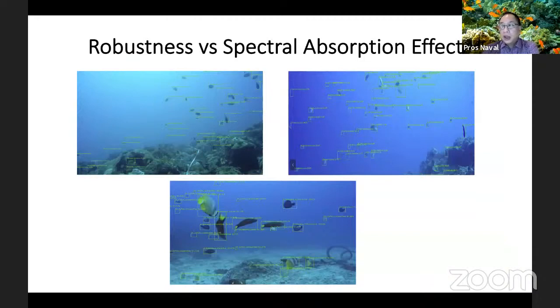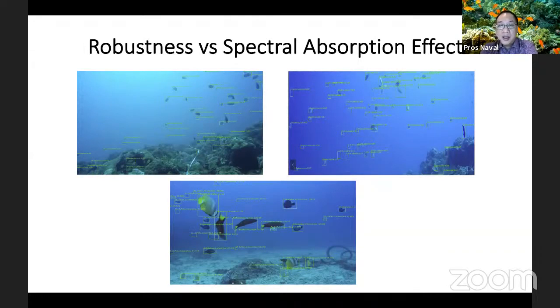Now, our algorithms are also robust against spectral absorption effects. So, what is this effect? As we know, light with longer wavelengths is strongly absorbed by ocean water. So, the colors of the rainbow, starting with red, followed by orange, then yellow, and so on, start to disappear with increasing depth.